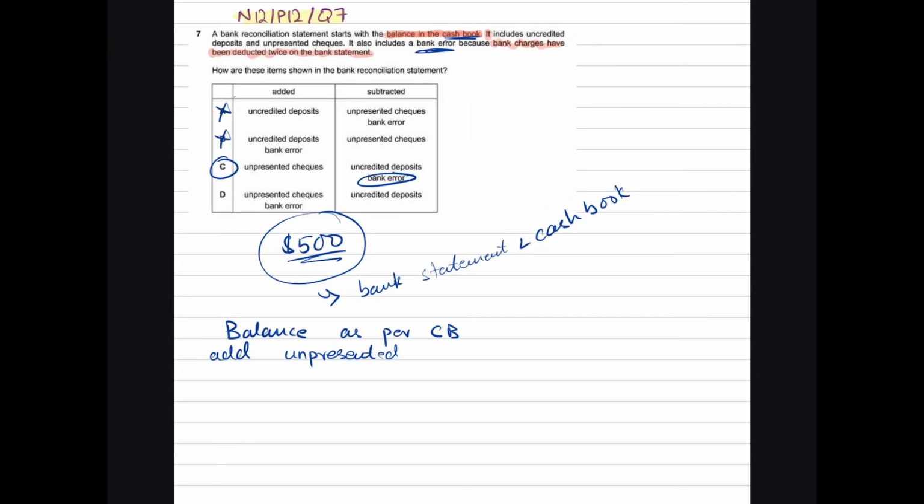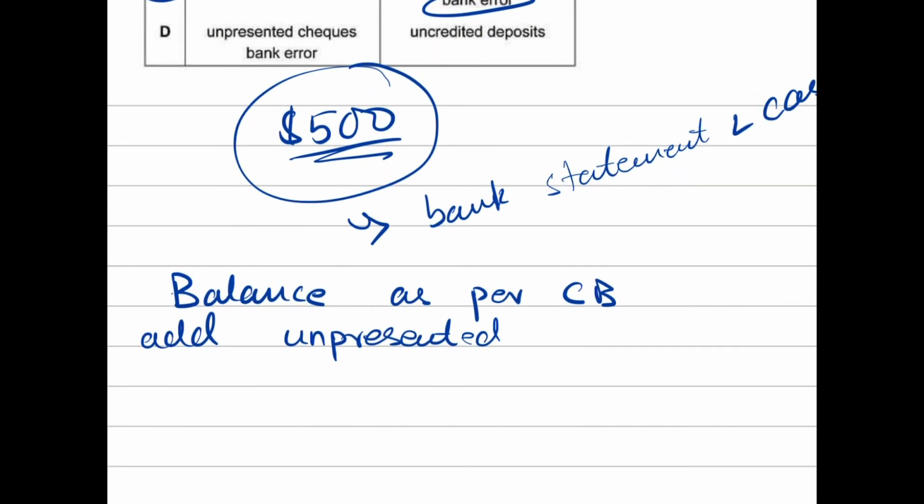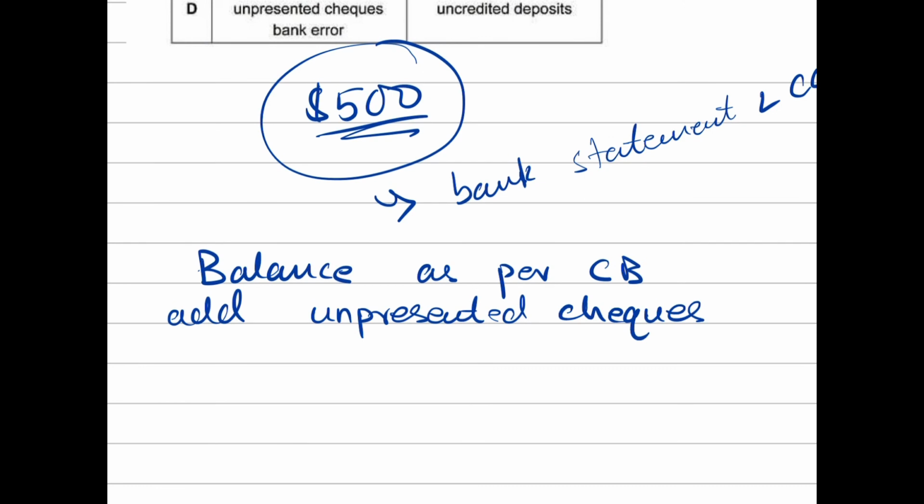The reason is quite simple, because we have deducted this amount from the cash book, but the bank has not yet deducted it. So the bank statement is greater than the cash book. Since we're matching the cash book to the bank statement, we're going to add this amount. And then the uncredited deposit, we're going to deduct it, and the reason is very simple as well.